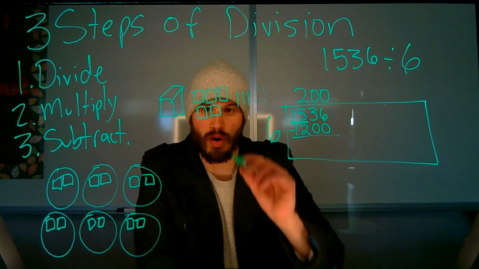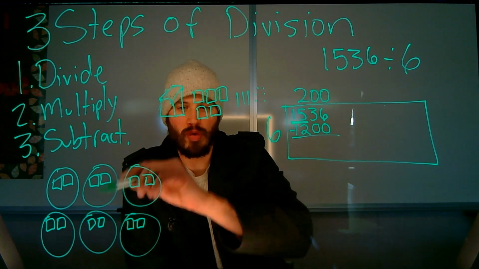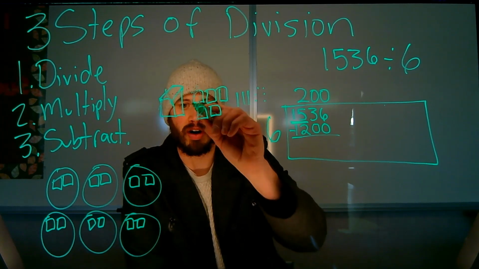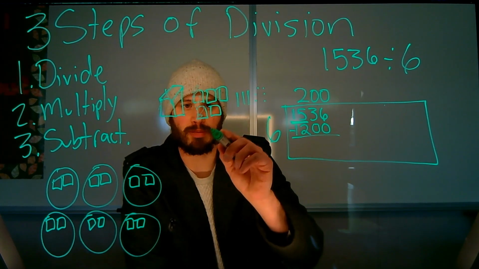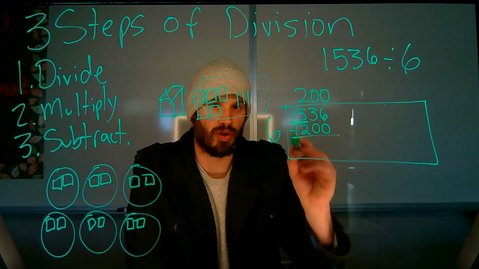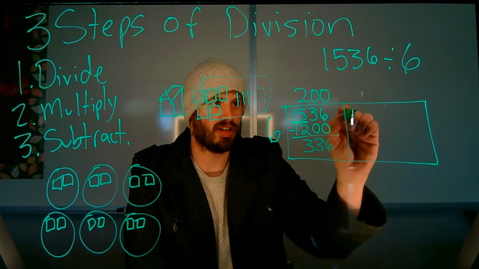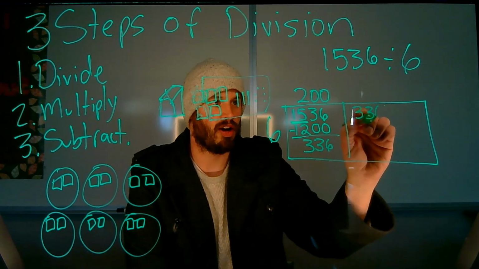Okay, and now I broke this apart, turned it into hundreds, and I moved them all in there, and I moved 2 more. And now I'm subtracting because I want to figure out what's the amount I have left to divide. 336.